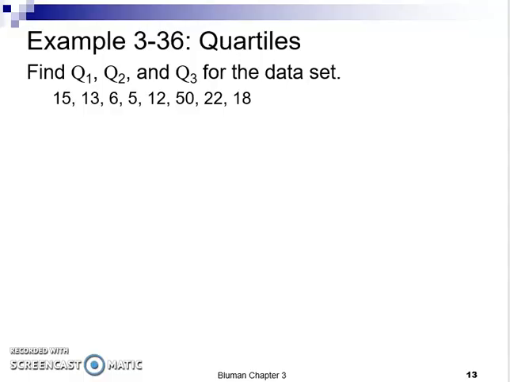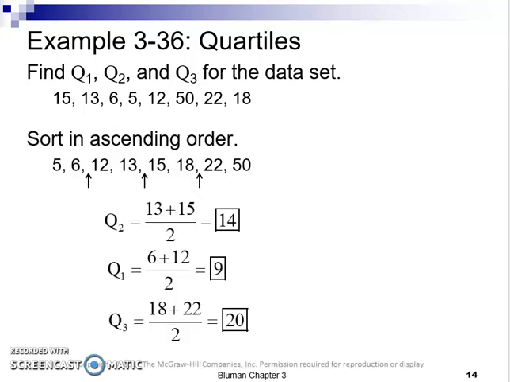Well, let's look at an example. Here we've got a set of data, and we're looking for quartile 1, 2, and 3. To do that, the first thing we have to do is put the data in order.